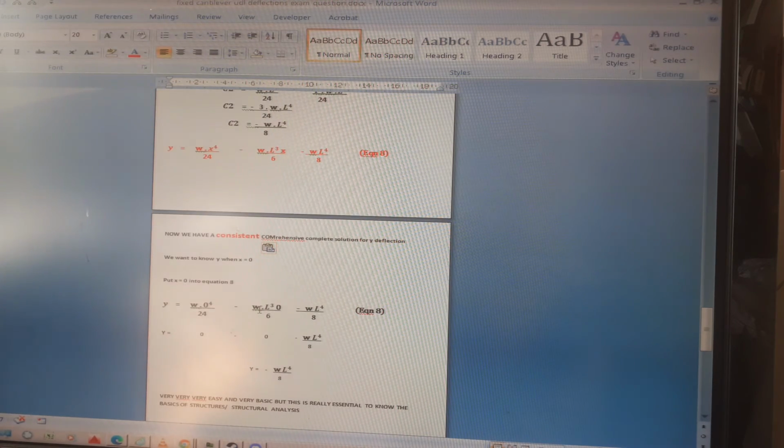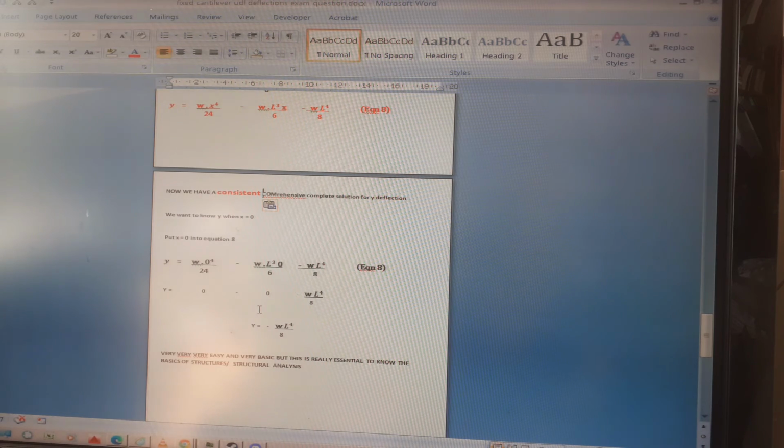We want to know y. So in our original point, we wanted to know what the deflection was at the end of the beam. So we want to know what y is when x equals 0. Put x into equation 8. y equals w times 0 to the power of 4 divided by 24 minus wL cubed times 0 divided by 6 minus wL to the power of 4 over 8.